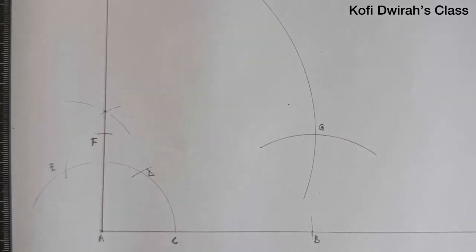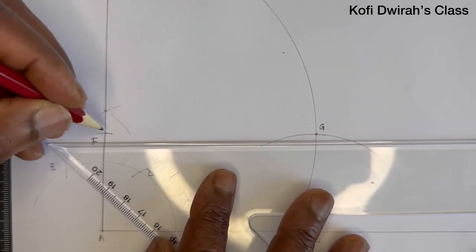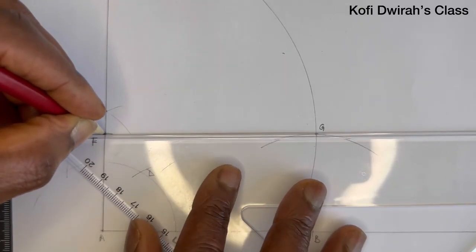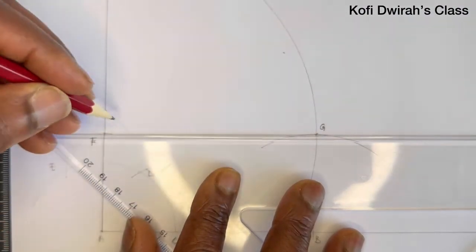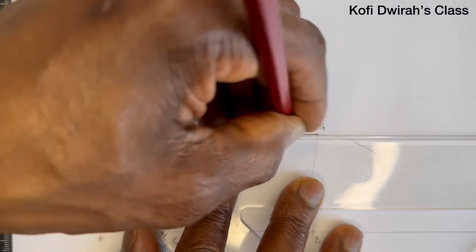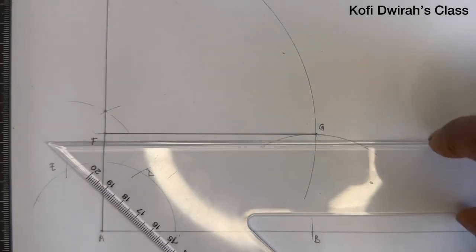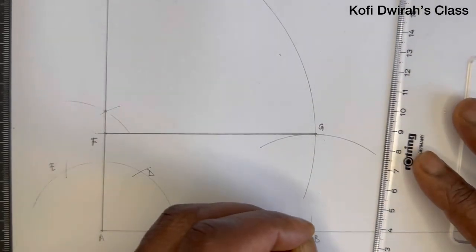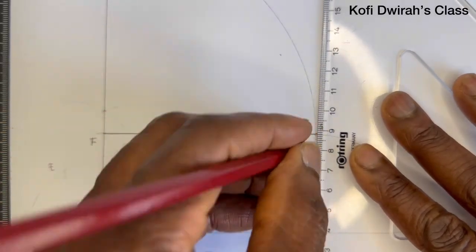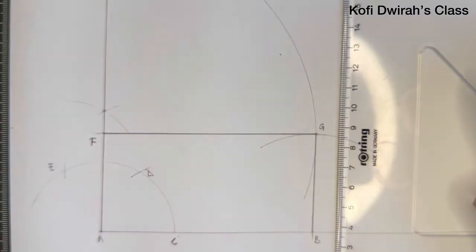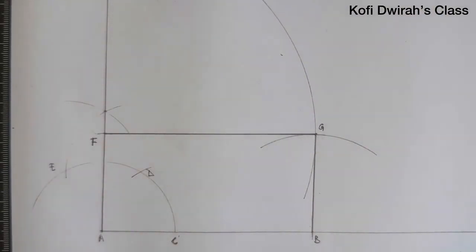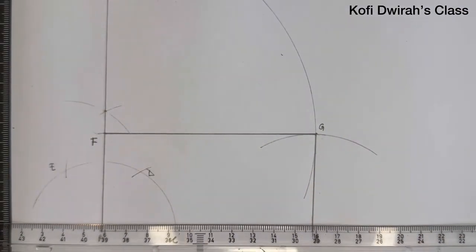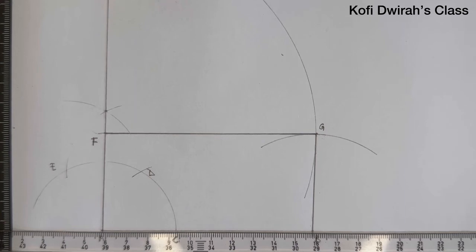Then you draw a straight line from point F to point G. Then you draw another straight line from point B to point G. Then with your T-square, let's draw this line.